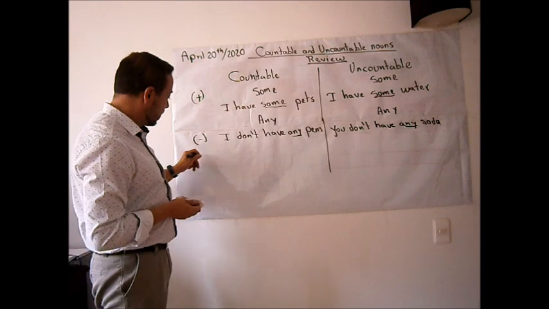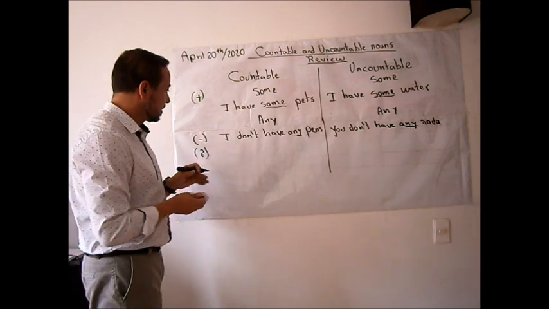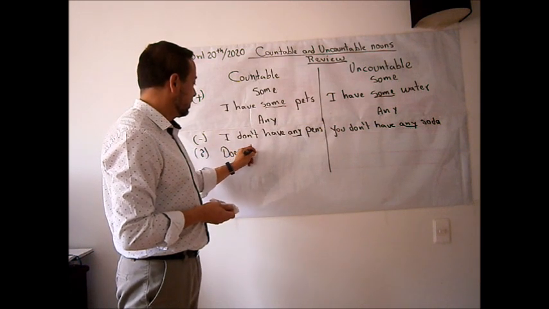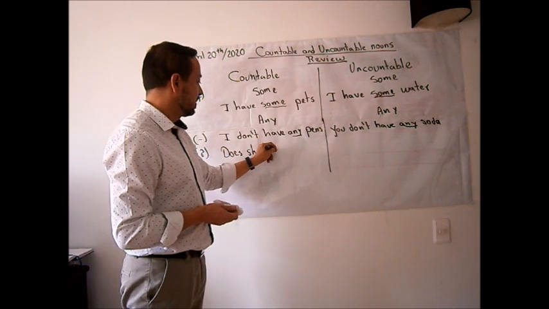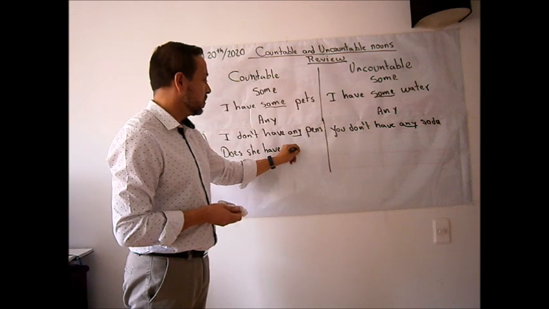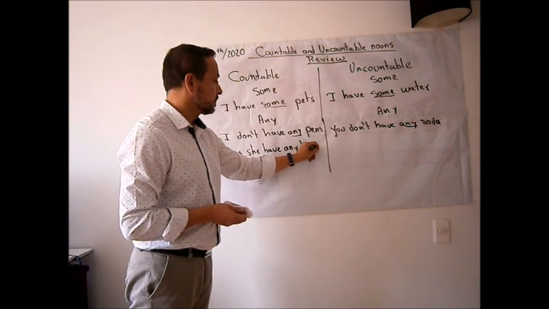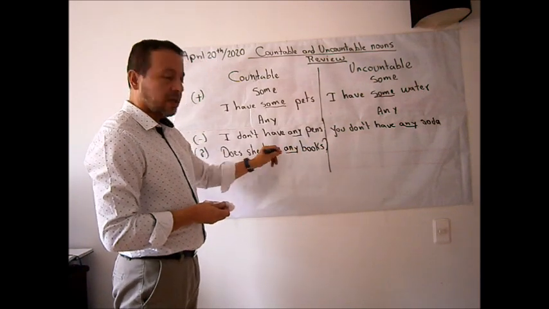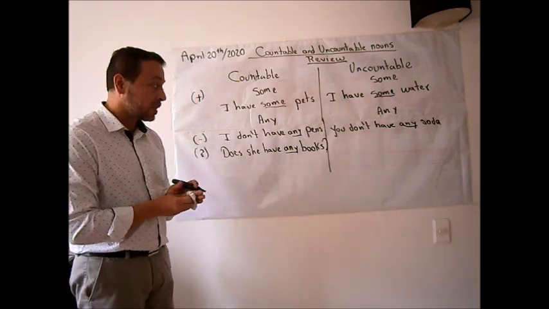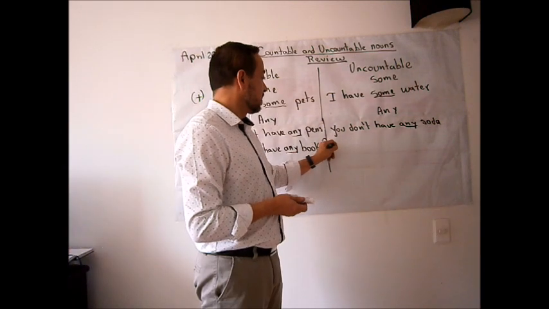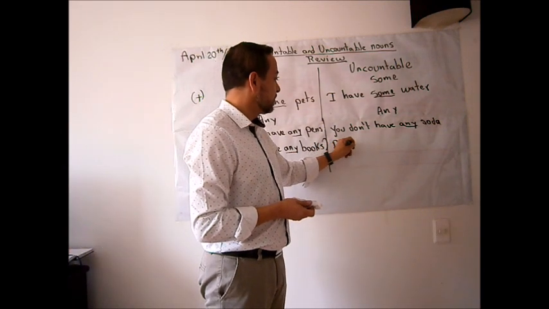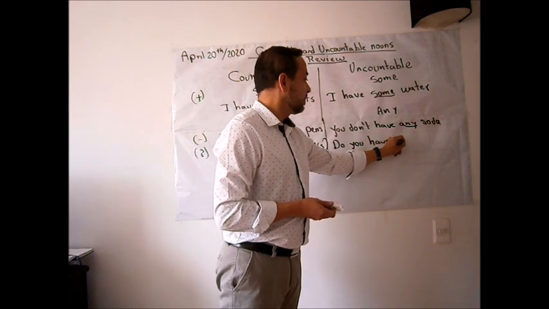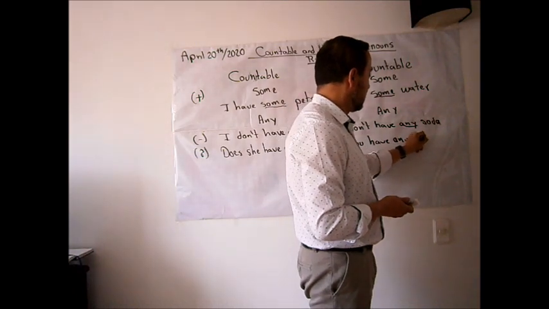Okay? In questions, you use, for example, do you have or does she have any books? Do you have any books? Any in interrogative sentences. And for example, do you have any oil?